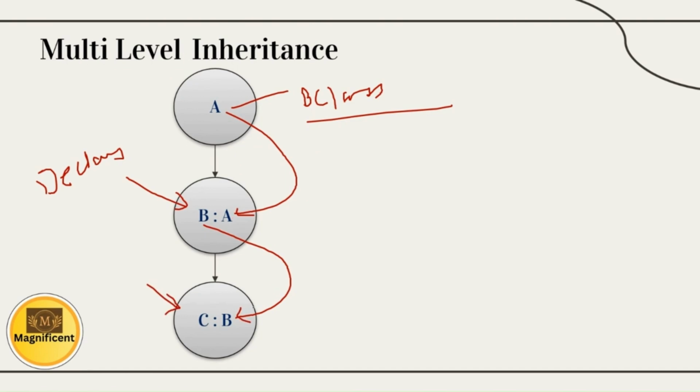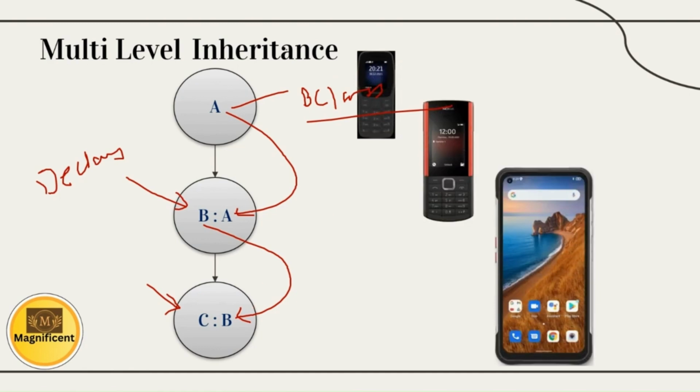For this one, we will take an example of mobile features. In the old days we had a simple feature phone, where by using that phone we were able to just send SMS and make a call. Later came the multimedia phone, and then the smartphone. Here there are one or two base functions, SMS and then calling, and the same features are applicable in the multimedia phone, and here an additional feature like MP3 was there.